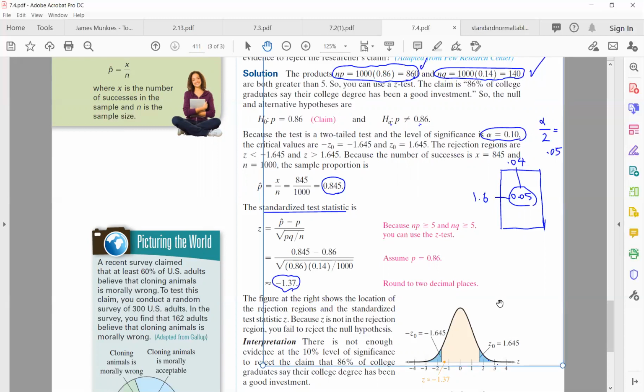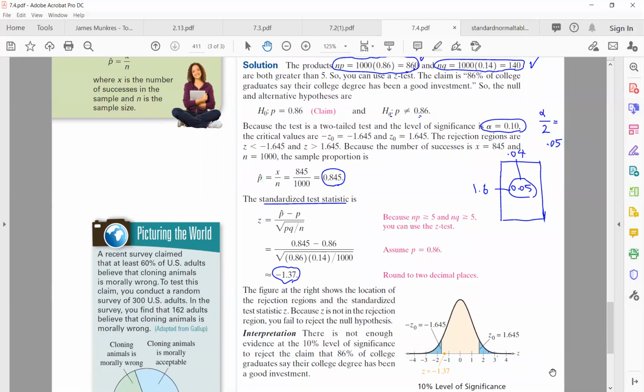Is this number inside the rejection region? We know that the rejection region is on the left-hand side of negative 1.64 and on the right-hand side of 1.64. Negative 1.37 is not inside the rejection region.